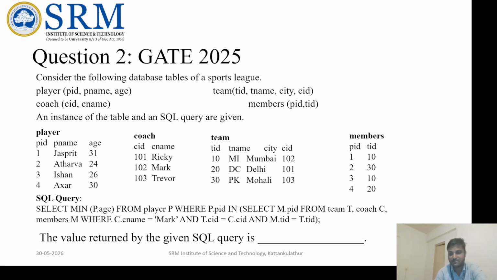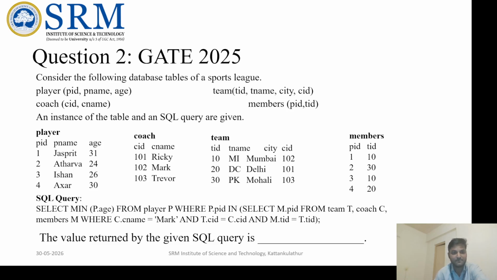Members is just a mapping between player ID and team ID, showing which player belongs to which team. An instance of the tables and an SQL query are given. All four tables are listed here with their values, and the SQL query is like this.